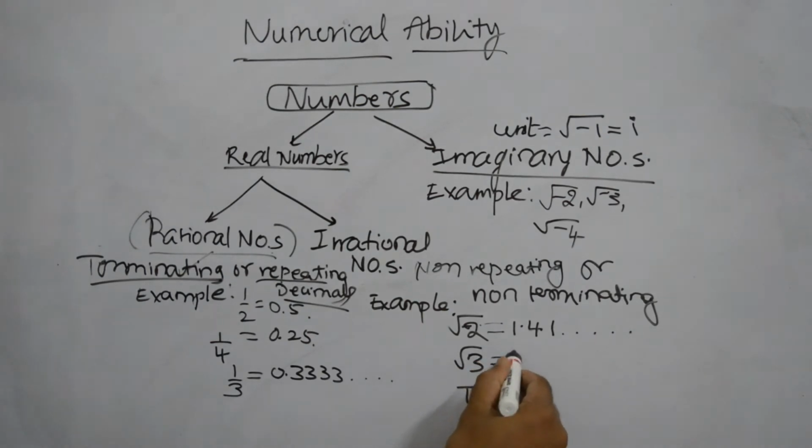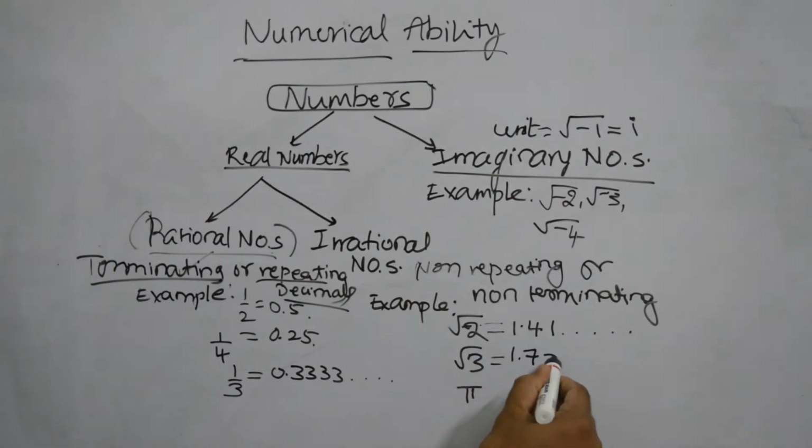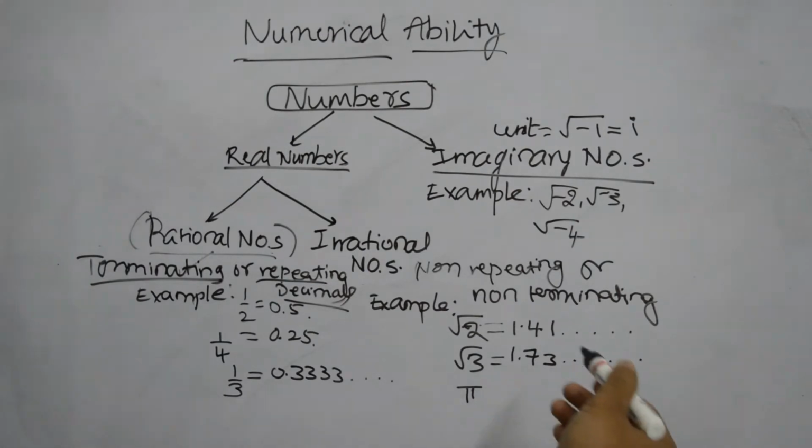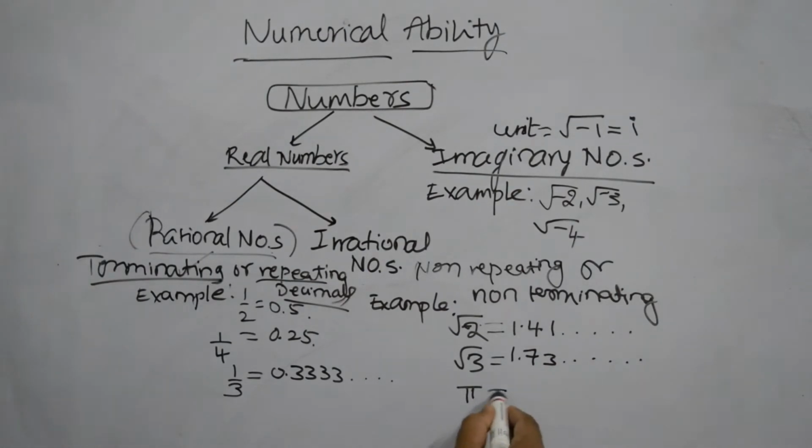Root 3 is also 1.73 and it goes on continuing without terminating as well as without repeating. And the value of pi is 3.14 and it goes on continuing without repeating and without terminating. So it is called an irrational number.